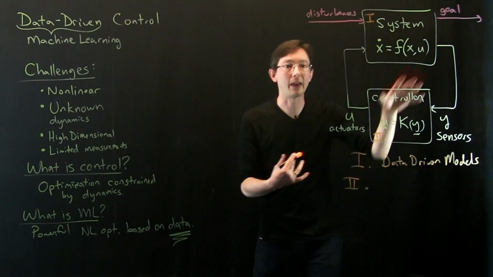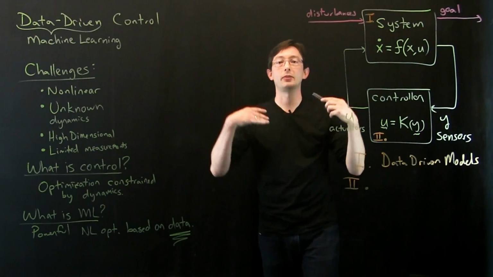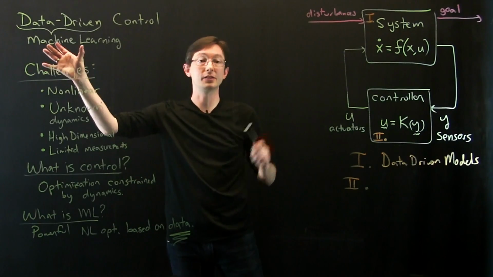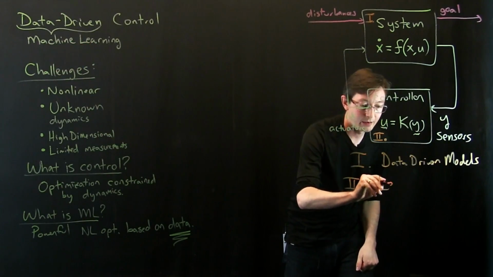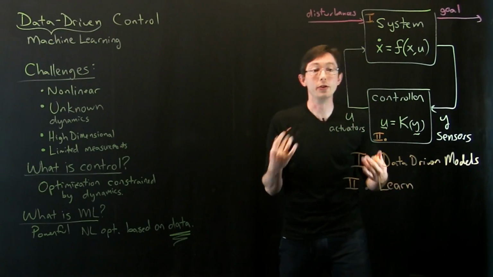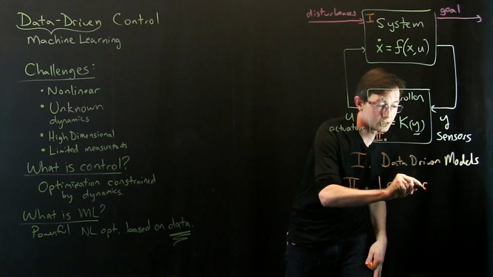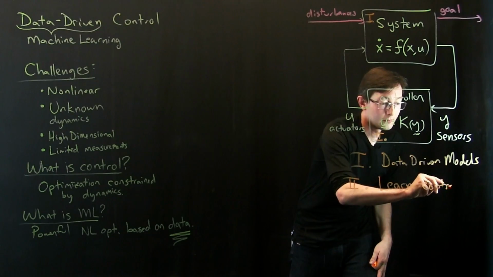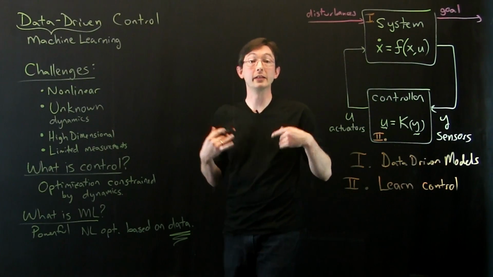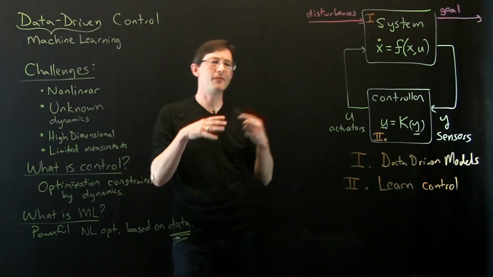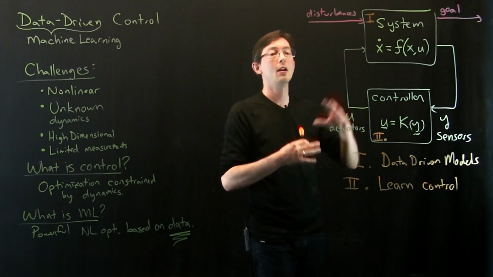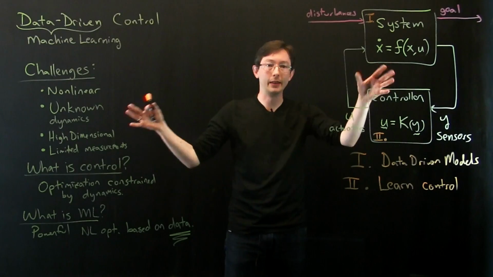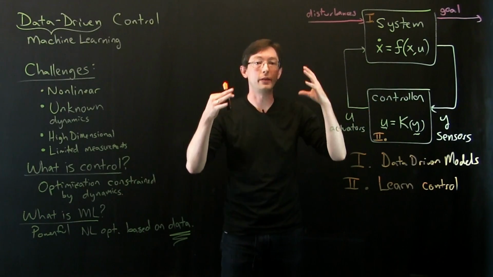So instead of doing all of that painstaking modeling, maybe I should apply my data-driven machine learning techniques directly to learning a good controller. So that's a really interesting new and emerging field, which is essentially machine learning control: can I just directly learn effective control laws? This is very similar to maybe what humans or infants and toddlers do when they babble and they play around in the world and they're curious.